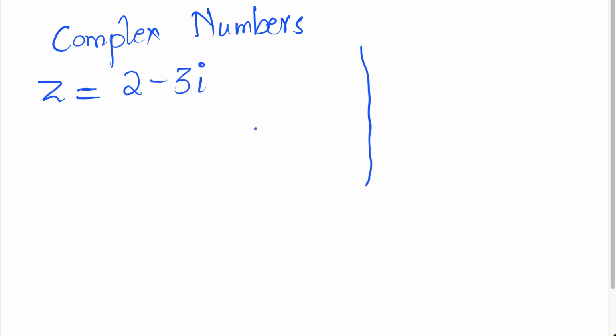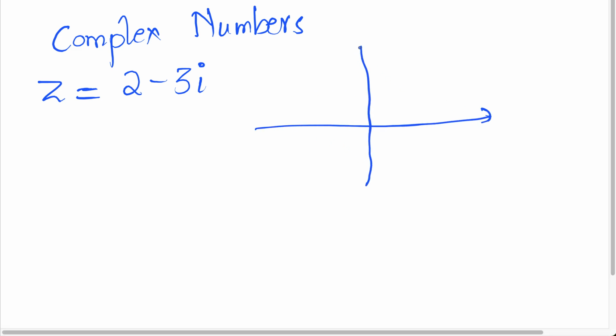Let's remind ourselves, we are now no longer in the real number domain, so no Cartesian plane. We are on the Argand diagram where we have a real axis and an imaginary axis. And 2 minus 3i means I have 2 units along the real axis, and minus 3i means I have 3 units on the negative side of the imaginary axis.